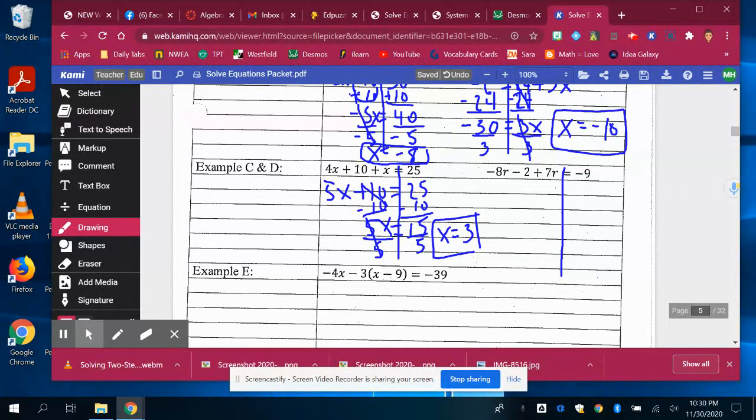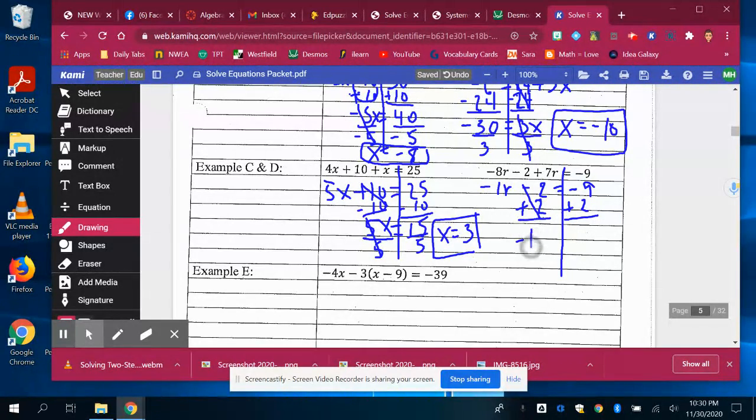All right, so you should have combined like terms. You have a negative 8r and a positive 7r, which gives you a negative 1r, because negative 8 plus 7 gives you negative 1. I'm going to bring down my minus 2 equals negative 9. I can get rid of this negative 2 by adding 2. Remember, you want to get rid of your constant term first.